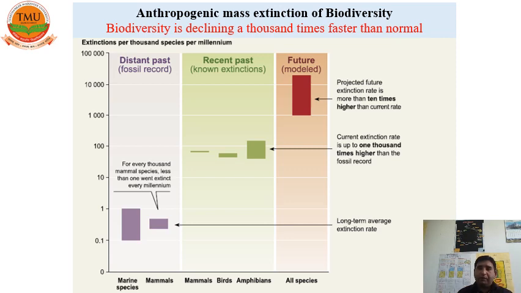But this time is also known as the Anthropocene, the age that is most influenced by the activities of human beings. The number of species that are declining, that are going extinct, is 1,000 times more than the normal background rate.